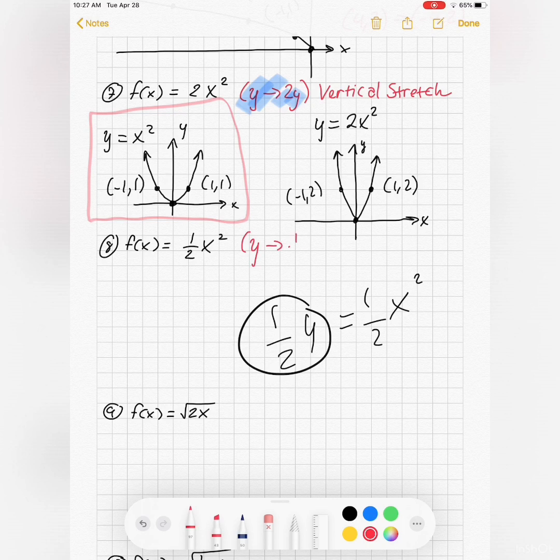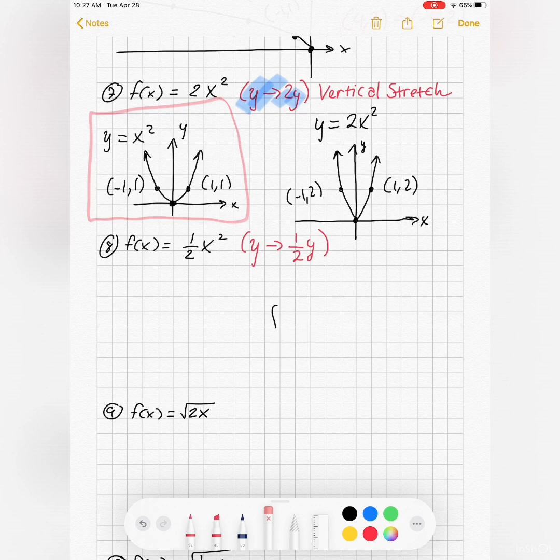My y is multiplied by a half. So what's happening there then? Well, I'm still affecting y, so I call this a vertical something. But y is being multiplied by a half. That's the same as dividing it by 2. It's getting smaller. So I'd call this a vertical compression, or you could say a vertical shrink. Same thing.